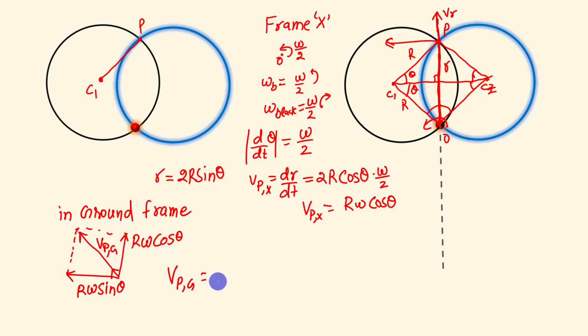That is very easy to calculate. R omega is common, and cos square plus sin square is 1. So this comes out to be R omega, and you can see here that this is constant. So there is no question of maximum and minimum velocity being different, right? So what we are getting is a very nice, very special kind of result, that this point P is moving with constant speed R omega, right?